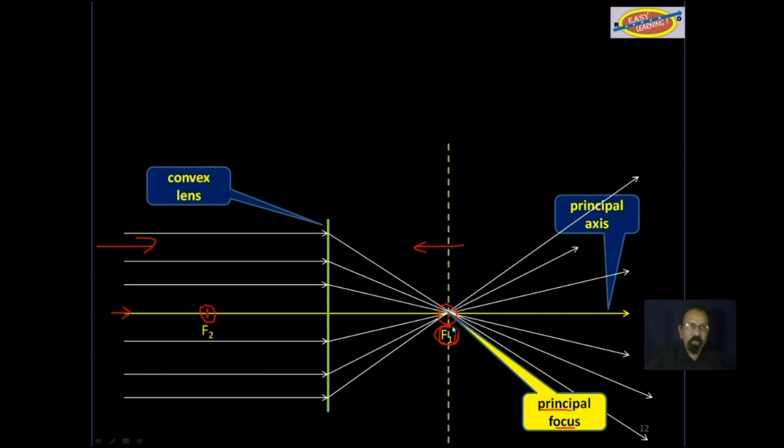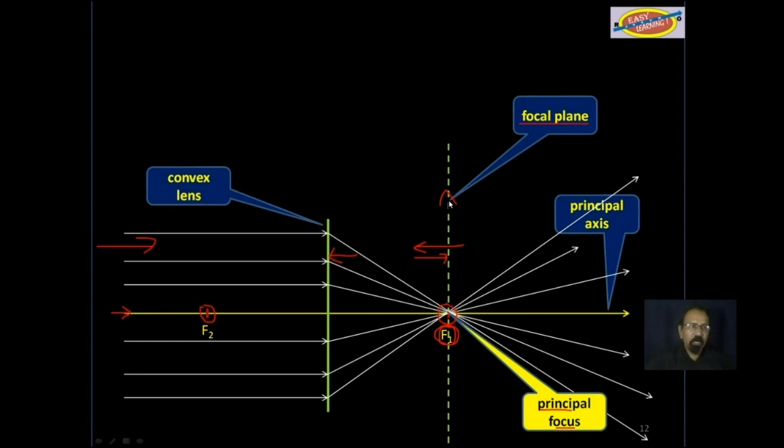If you imagine a piece of board, like a plyboard, facing that lens upright like this, that imaginary surface has a special name, and it is called the focal plane.